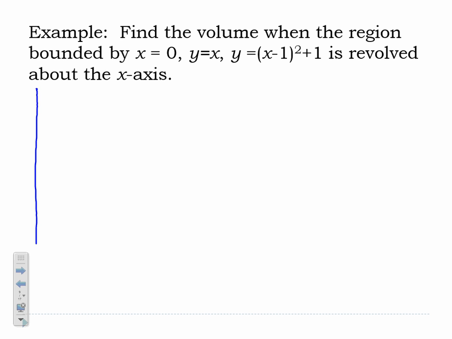Y equals x is this line right here, right? Y equals x minus 1, the quantity squared plus 1. That is a parabola shifted right 1 and up 1.